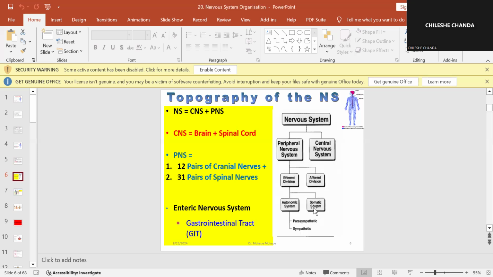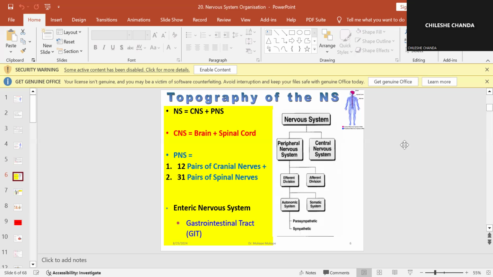You can tell your arm to move and get this thing for me, and it does so. That means that is part of the somatic system. And then the other part of the efferent division is the autonomic system.